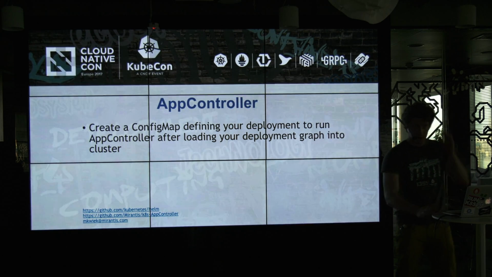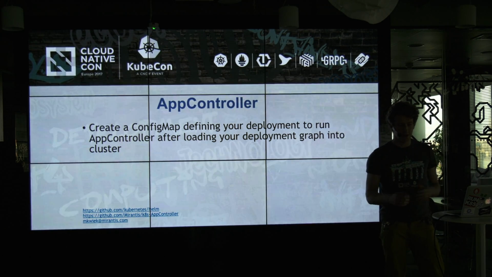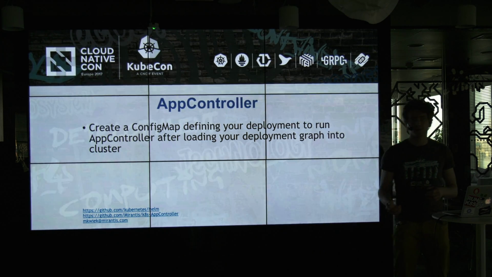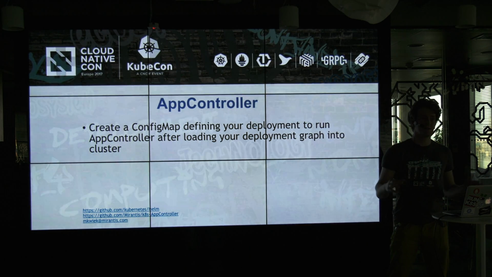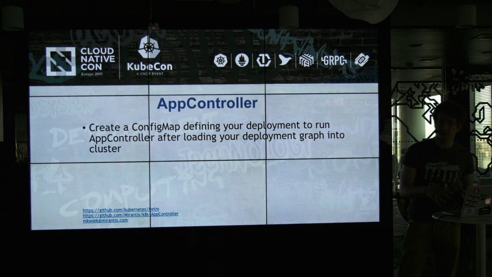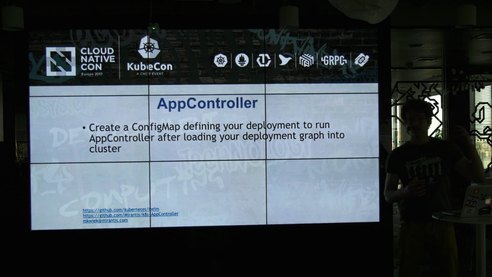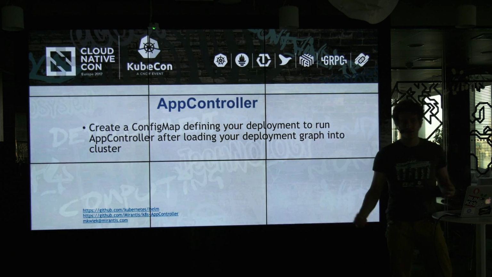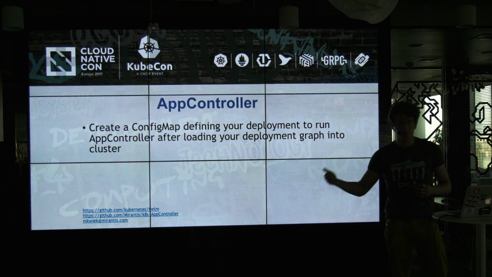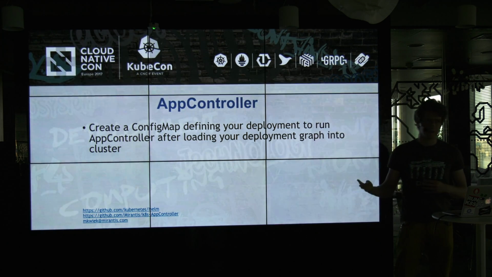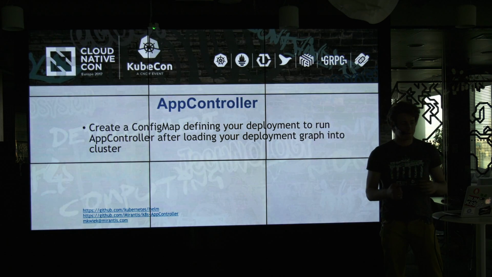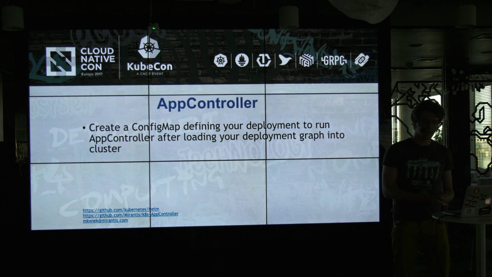Yeah, and in order to run it, you create a config map which defines your deployment. So when you have all your deployment graph data loaded up in your cluster, you have resource definitions and you have dependencies. Resource definitions encapsulate all Kubernetes objects that you can have: deployments, pods, replica sets, daemon sets, stateful sets, pet sets until 1.5, persistent volume claims, all this stuff.